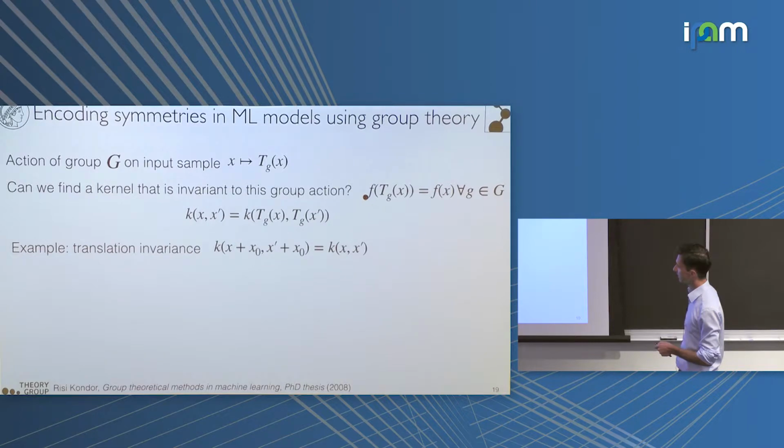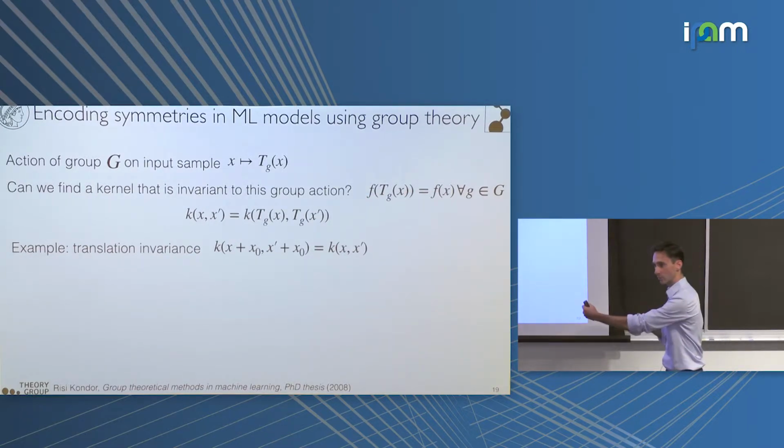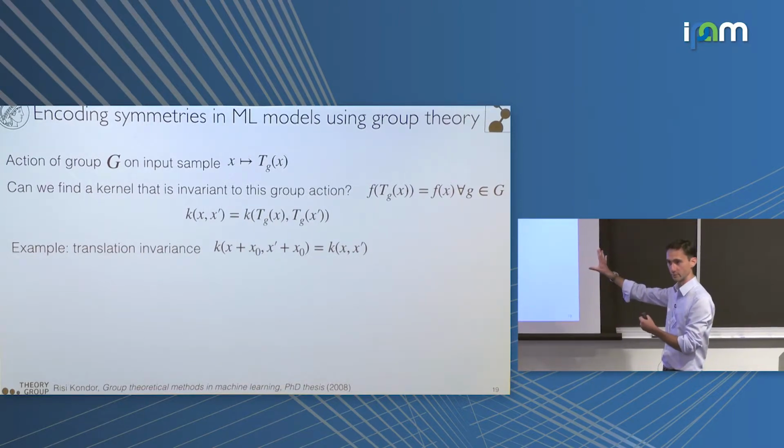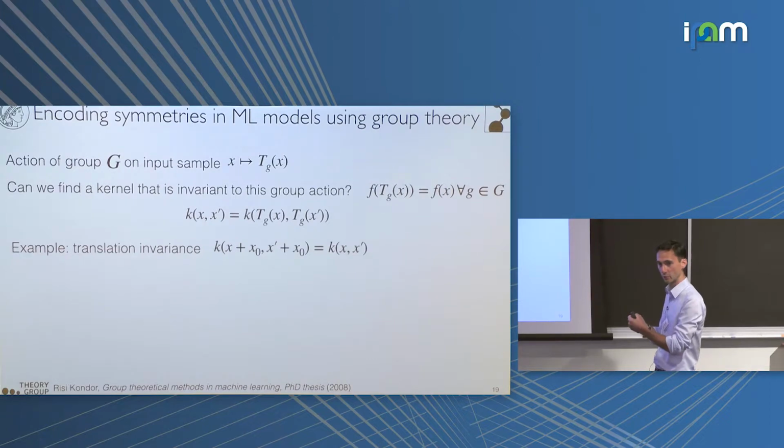That means that if I make a prediction on my translated sample, it's the same as if I make the prediction on the untranslated sample. This is all that it's saying.